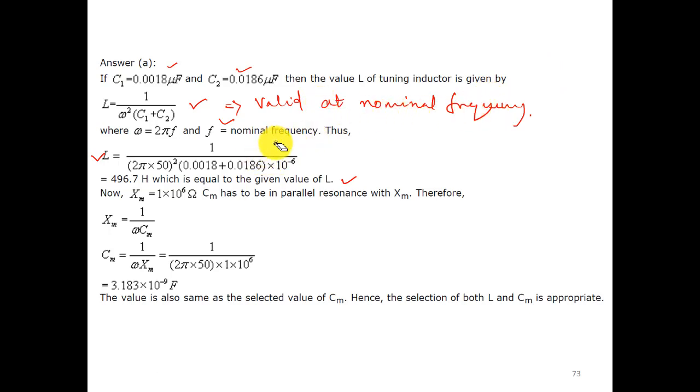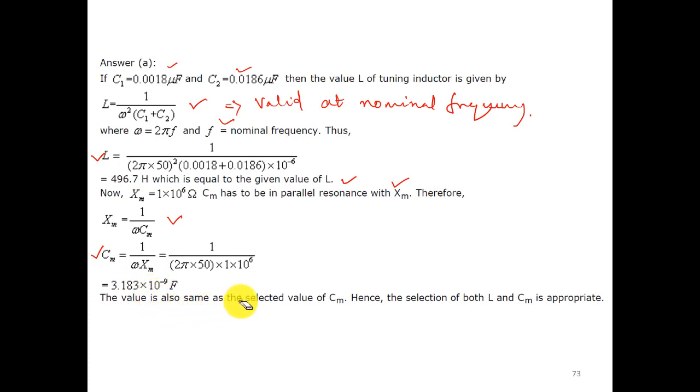And now Xm is given as 1 mega ohm, and Cm has to be in parallel resonance with Xm. So Cm is really compensating Xm. Therefore, we can find it by the same formula, Xm is equal to 1 by omega Cm, and from that we find Cm is equal to 3.183 into 10 to the power minus 9 farad.